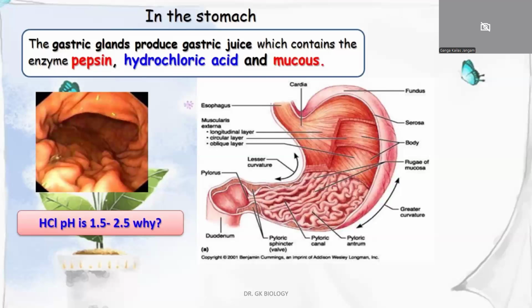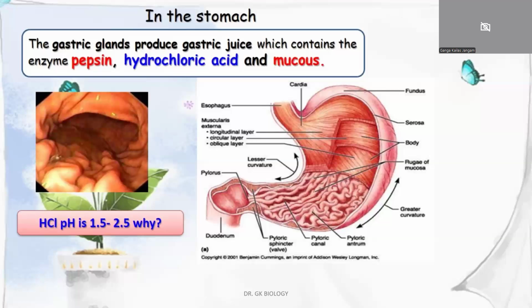It means that pepsinogen, which is in an inactive form, is converted in the presence of HCl into the active form, pepsin. So, what is the function of pepsin? Pepsin helps to break down proteins into amino acids.